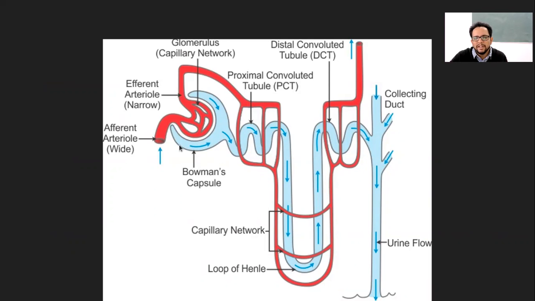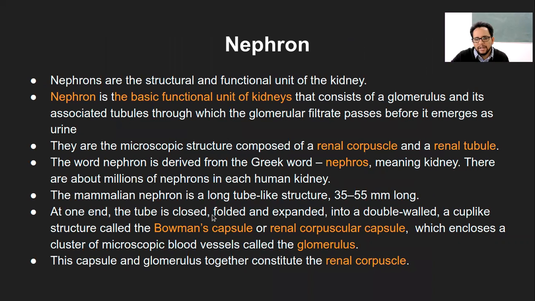You can see the Bowman's capsule end, this end of the C-shaped structure in blue, that is closed, and only through this network whatever filtrate is generated is absorbed into the Bowman's capsule. So it is expanded, it is closed, and it is folded also, folded in terms of C shape. And like I said, what you should imagine is a three-dimensional cup shape and not just a two-dimensional C shape.